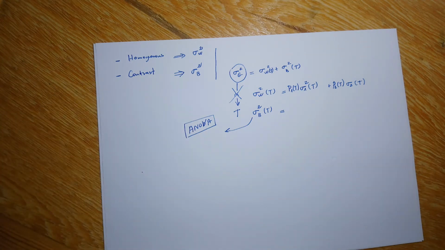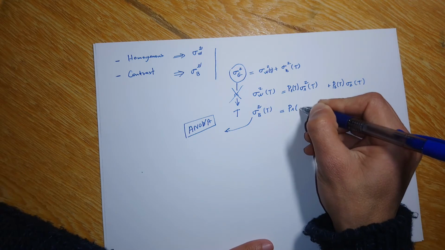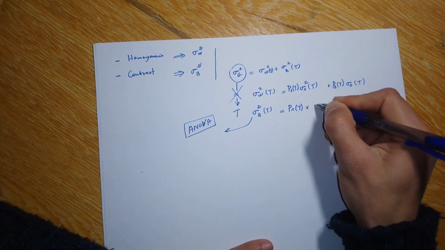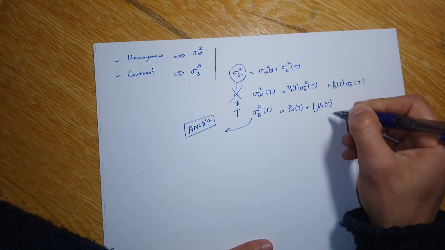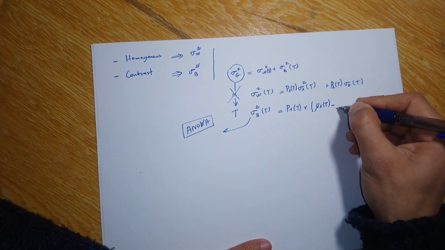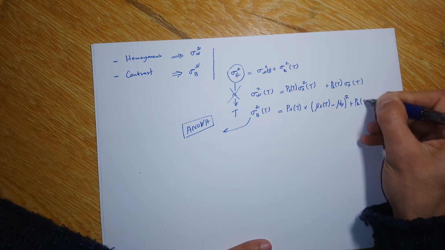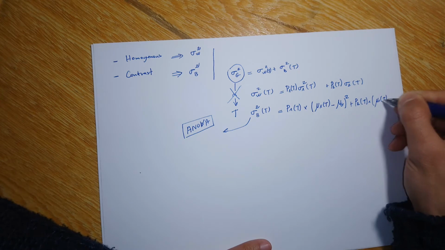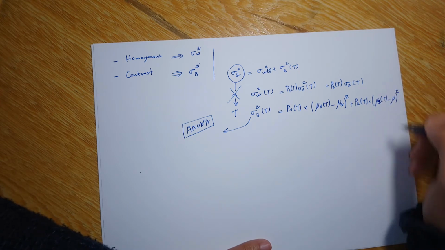Let me get back to the between class variance. It is written as the proportion of the first class multiplied by the difference between the mean of the first class and the general mean, squared, plus the proportion of the second class multiplied by the mean of the second class minus the general mean, squared.